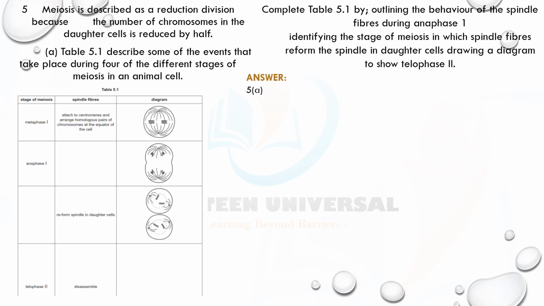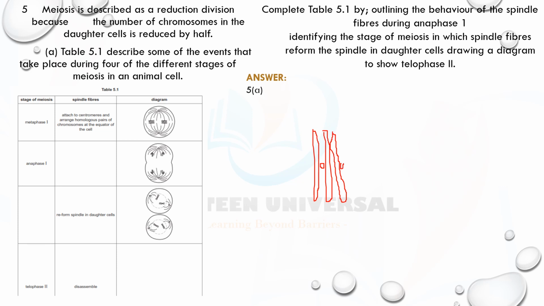Something like this. If I have this homologous chromosome, this is a homologous chromosome here. Look at this, this is a sister chromatid of this chromosome. But this chromosome is attached to another chromosome, so they are both a bivalent.